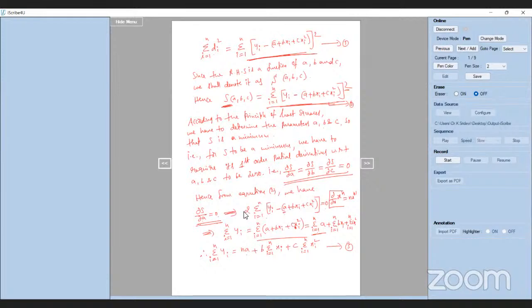So minus 2 should be there, like this. Like here, so minus 2 will be there.